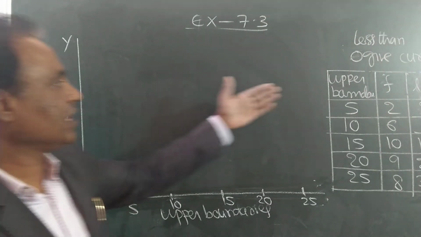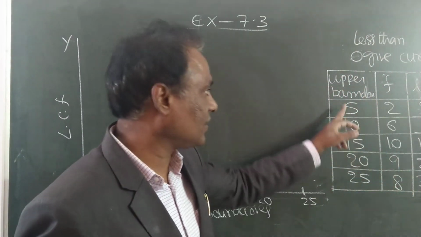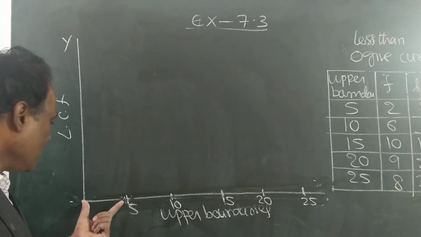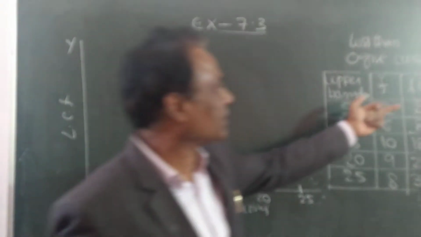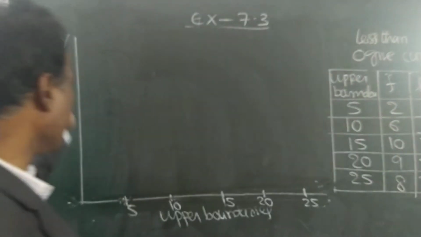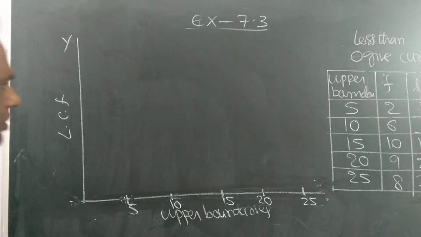Here are the frequencies, but don't write these numbers on the y-axis, because the x-axis has the same difference of 5, but here the differences are different. So we can't write the numbers; you take like this.